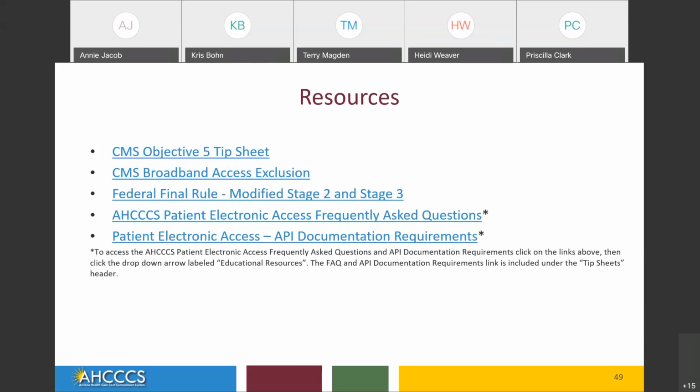Takeaway 3 is that the EP needs to use the appropriate formula on slide 34 to calculate the correct EP numerator for Objective 5, Measure 1, to make sure the EP is meeting that minimum threshold. For number 4, make sure to collect the document that is required for the scenario you fall into.